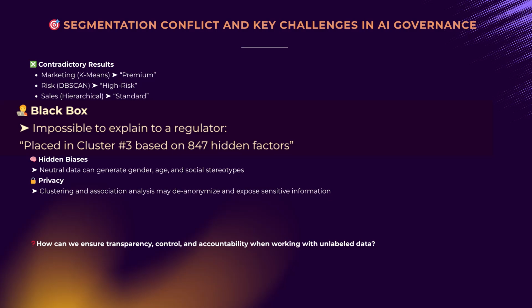In unsupervised learning explanations sound more like, the algorithm placed this customer in cluster number 3 because their profile is similar to other members of this cluster by a combination of 847 different factors that we cannot fully interpret. Try explaining that to a regulator or client who demands to know why they were denied a loan based on cluster analysis.